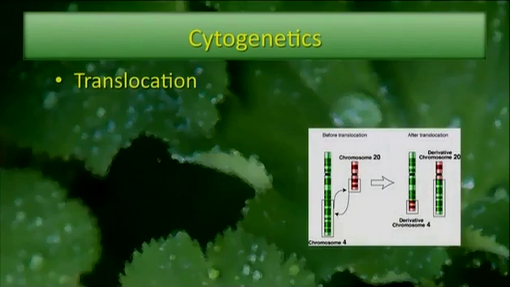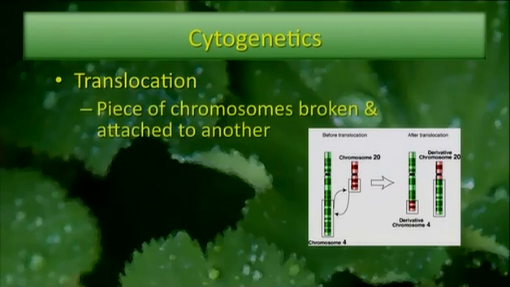Now we also have translocations, and here's a good illustration of one. It's when a piece of a chromosome is broken and attached to another chromosome. Here you have two different chromosomes, chromosome 4 and chromosome 20.